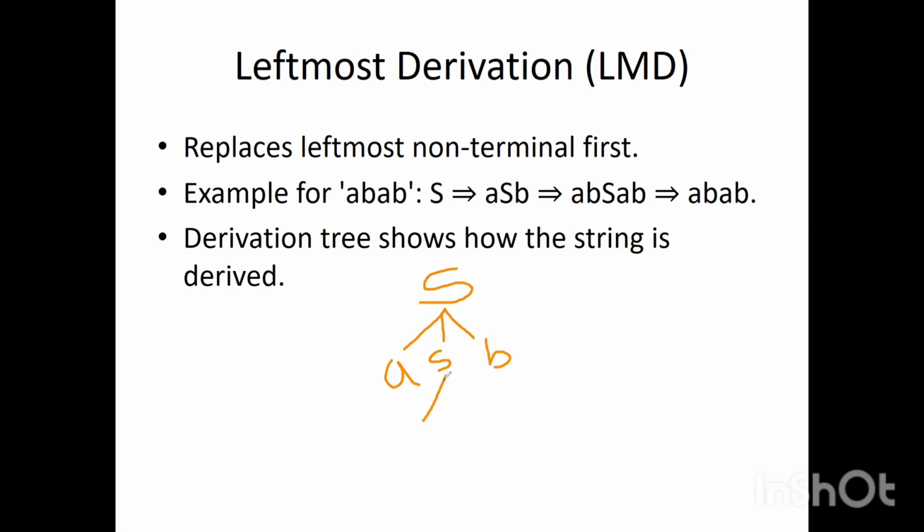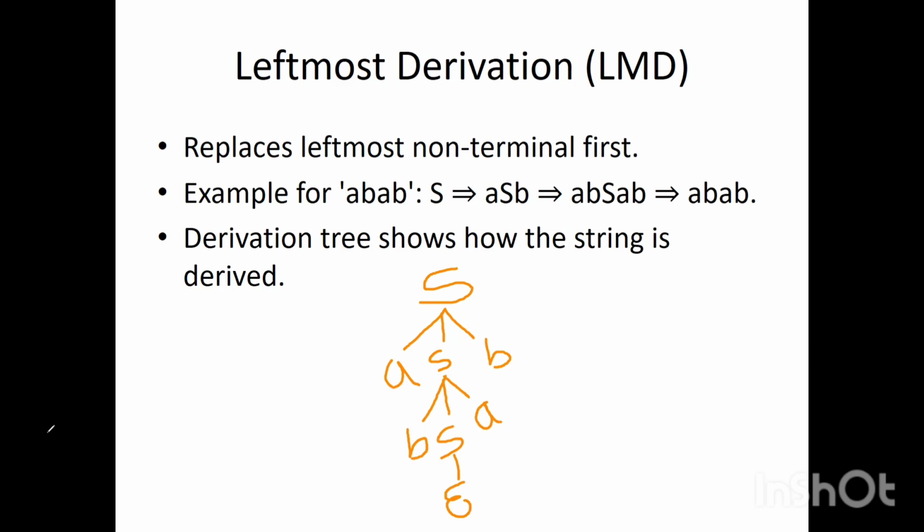That's why again three branches. Okay. And now this S is replaced by null. That is our epsilon. This is our leftmost tree.